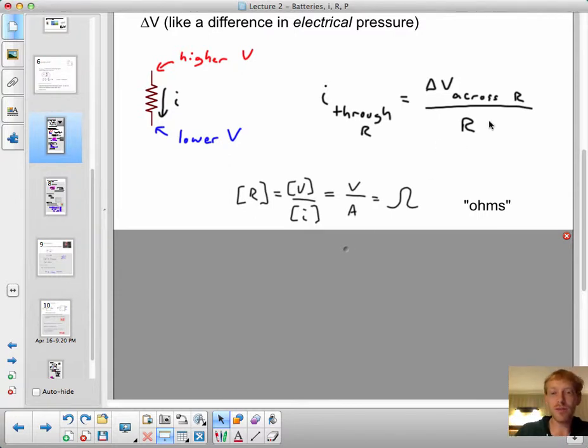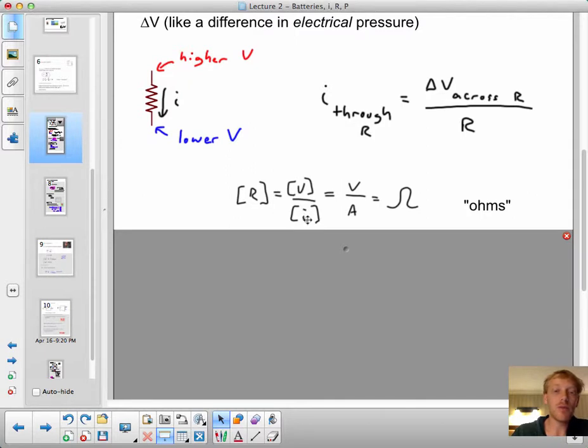Well, if I solve this equation for R here, I get R equals delta V over I. The difference in voltage between two locations, as the lab handout said, voltage, electrical pressure, is measured in volts. And that's a little bit confusing because we use the same symbol, V, for both the quantity, the voltage, and the unit, volts.